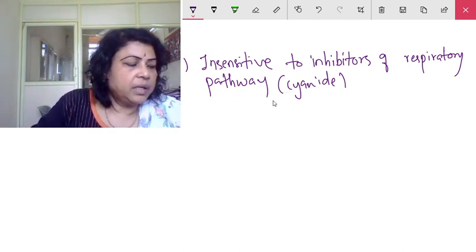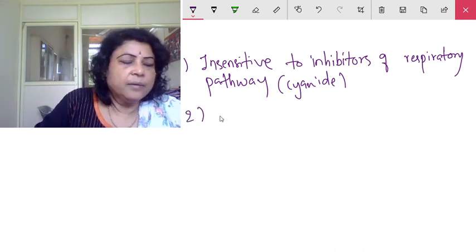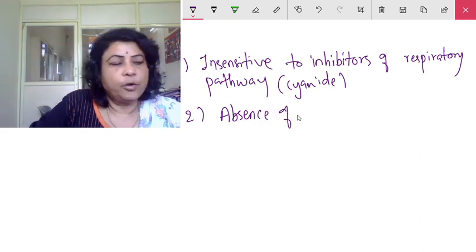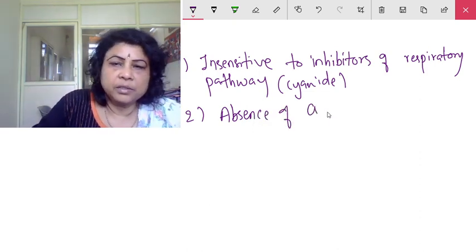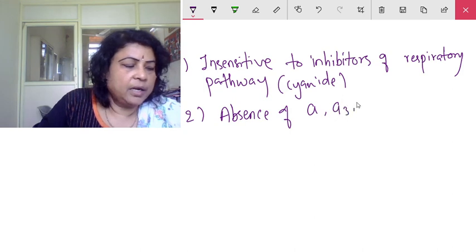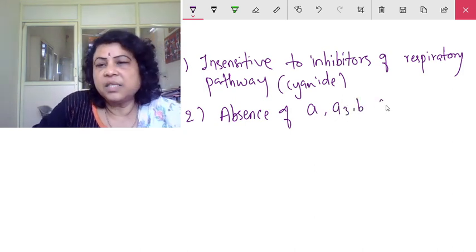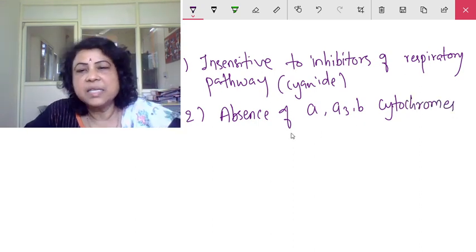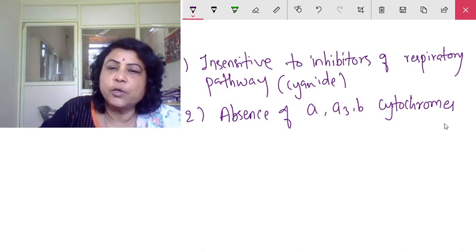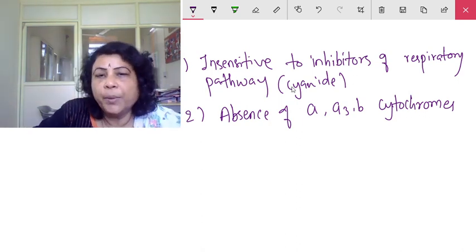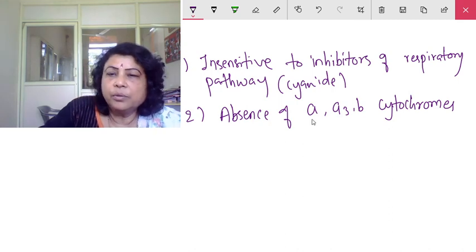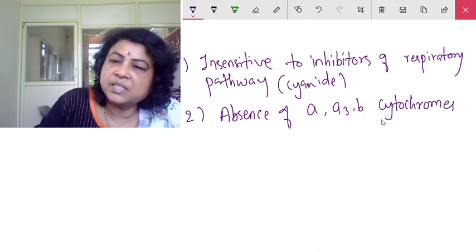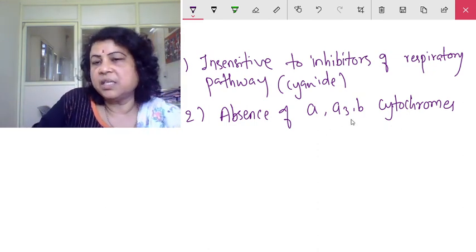Then the second characteristic feature is the absence of cytochromes a, a3 and b. These are the respiratory cytochromes which are present in the aerobic respiratory pathway.